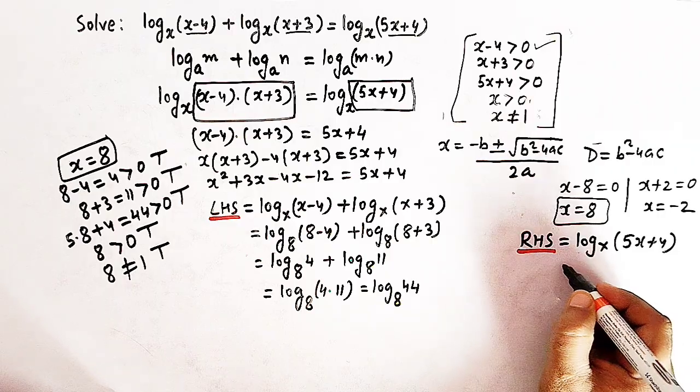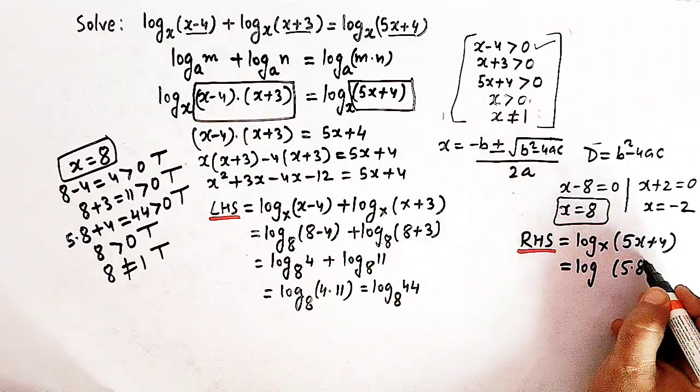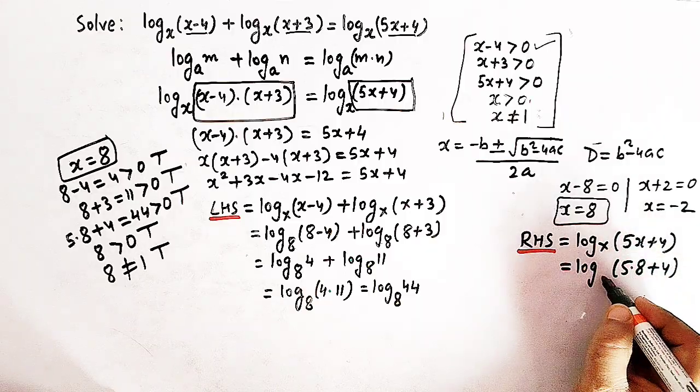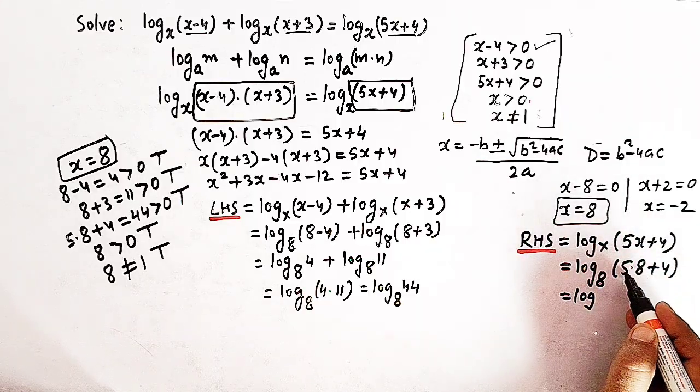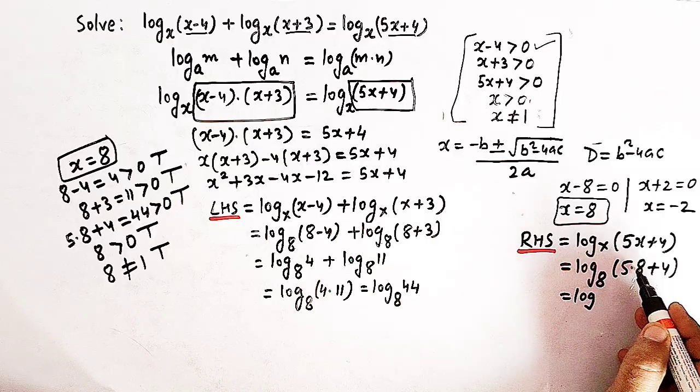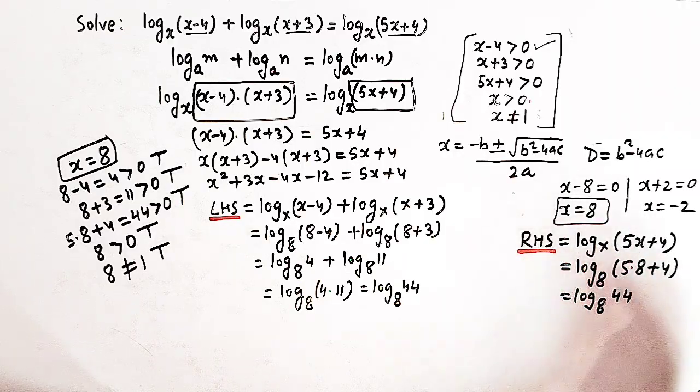So now in the right hand side we have logarithm of 5 times 8 plus 4. Here we have 8, and this is 40. 5 times 8 is 40. 40 plus 4 is 44, and here we have the base 8, right?